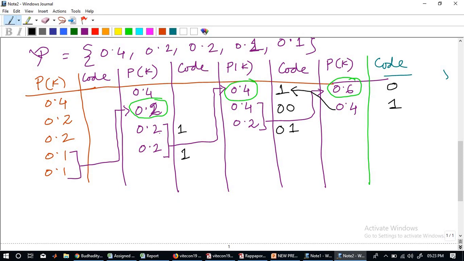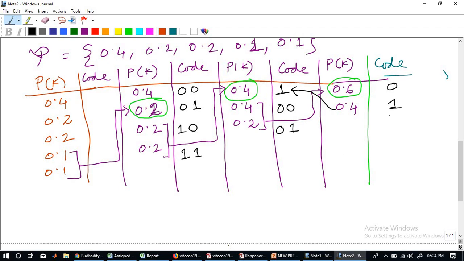But since 0.2 is top half, we'll put 0, and we'll put 1 over here. Whereas this 0.4 and 0.2 are coming from this point, from the earlier half. So this 0.4 is coming as 0, 0, whereas 0.2 is supposed to be 0.